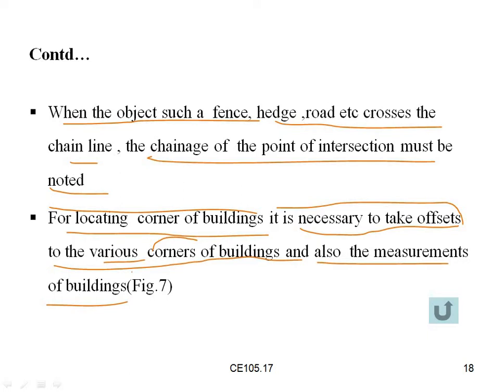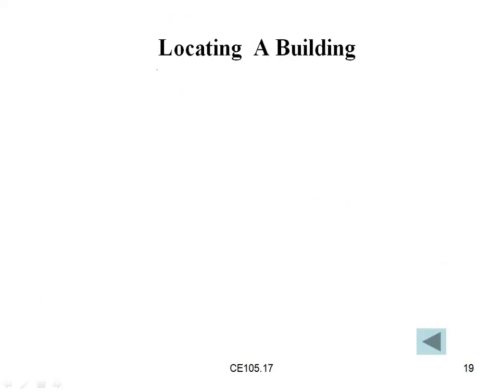In the corner of the building, you can see here this is a building, and this is a corner we have to measure. We will take the offset length, so for taking this point we can measure this length. How will we locate a building?